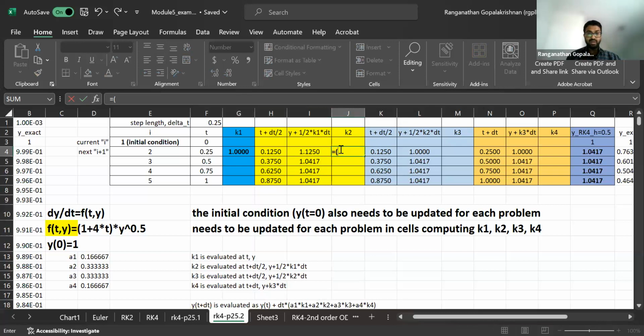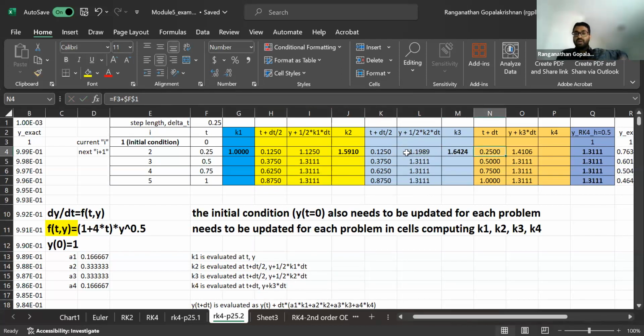So that is 1 plus 4 times t multiplied by square root of y. And then K3 is again 1 plus 4 times time, but now that time is cell K4 multiplied by square root of y, which is cell L4.